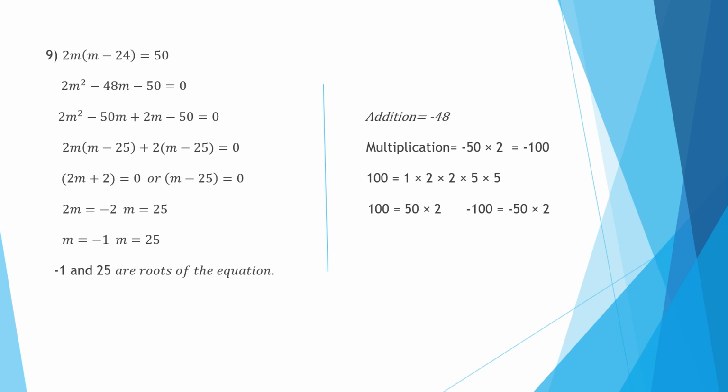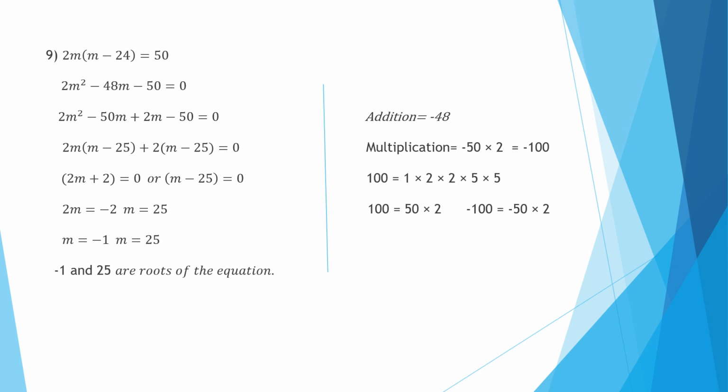Next, equation 9: 2m in bracket m minus 24 is equal to 50. So first we solve this equation. We multiply 2m into bracket m minus 24.